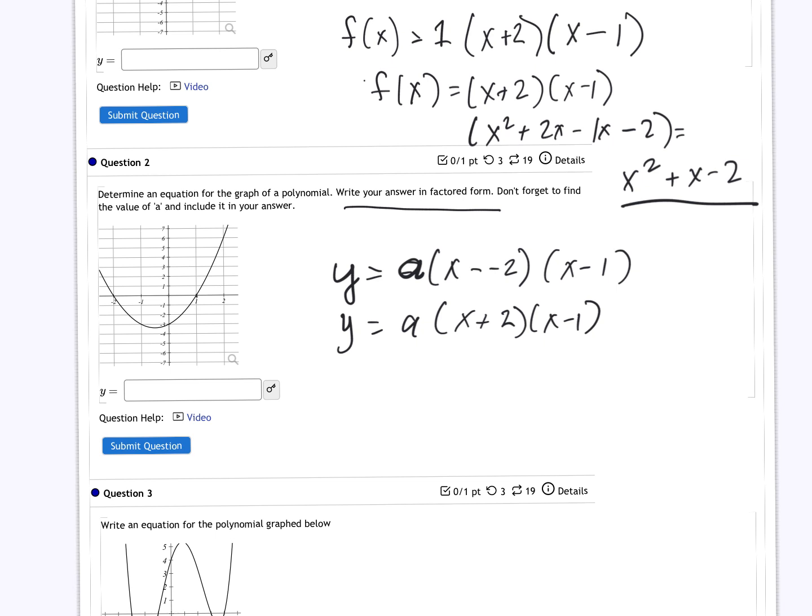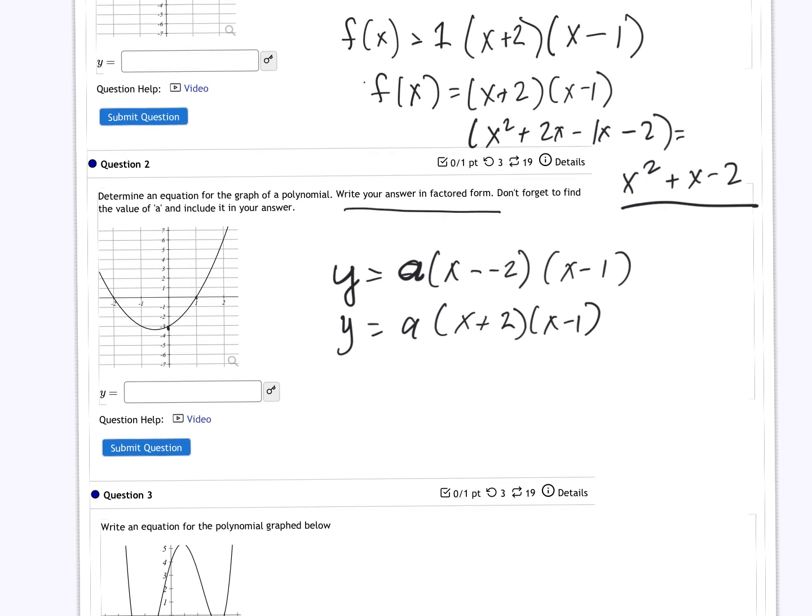But we also know that it crosses at 0, -3. So when I put 0 in for x, a therefore is 3/2.